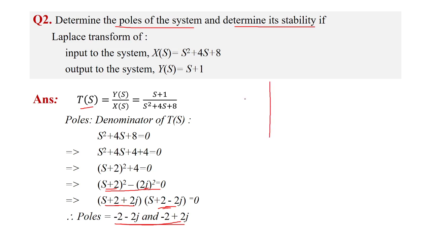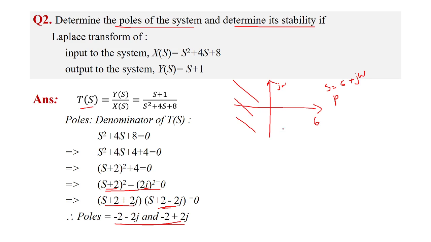So what is sigma and j omega? S is always written as sigma plus j omega. So this is actually s. So if the poles of s lie on the left hand side of the j omega axis, the system will be stable.